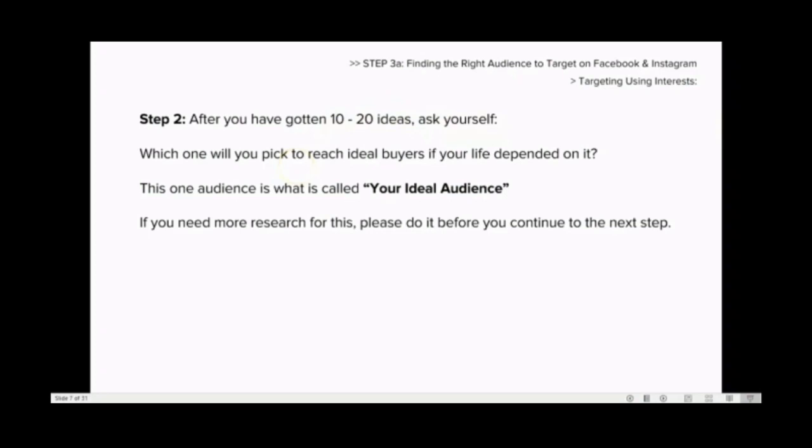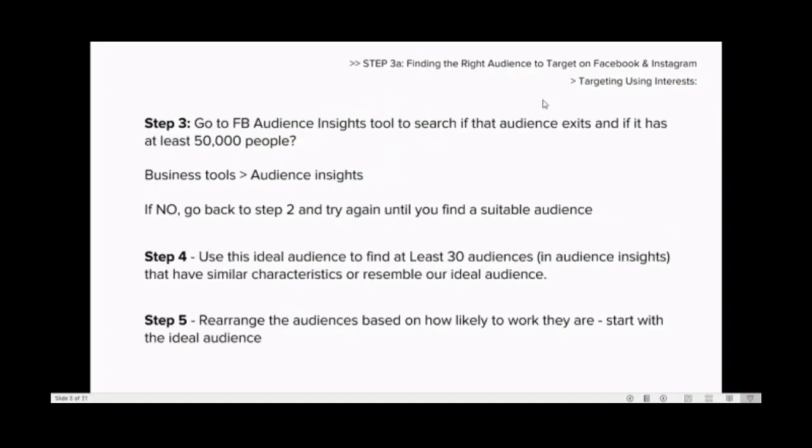So after you have done your research, if you are to pick out of all these interests, if a gun is being pointed to your head, which one will you go for? That is what we call the ideal buyers. And if you need more research for this, please do before you continue to the next step. Once you have done that, you can move to step 3.